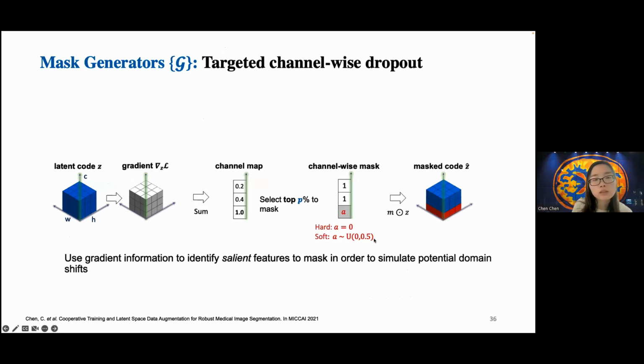Here, instead of directly multiplying with all zeros, we multiply with a soft masking scheme using a random value sampled from 0 to 0.5. This gives us much more diversity, but also helps us preserve some information in the images. I will give you an example later. So basically, with that, we can generate a masked latent code, and then we can project it back to the image space by sending it to a decoder function.